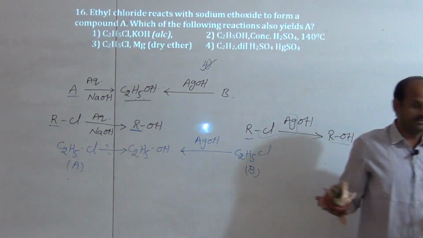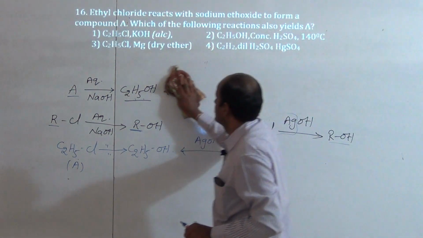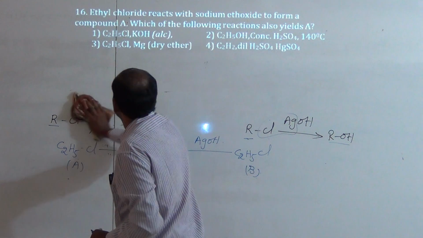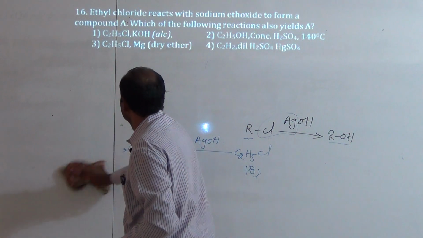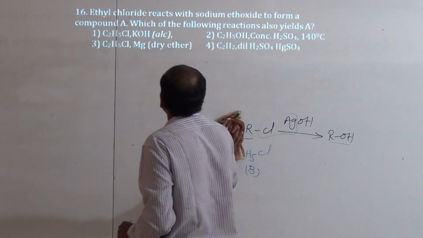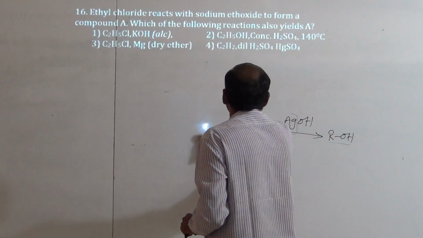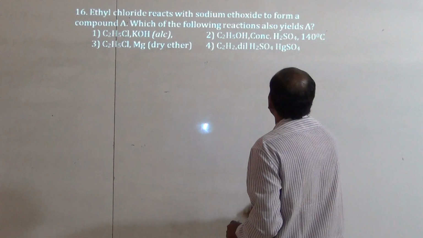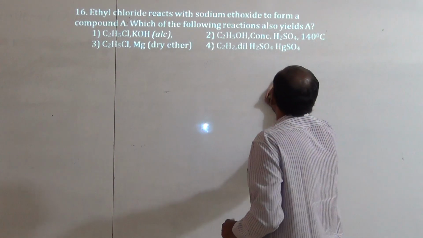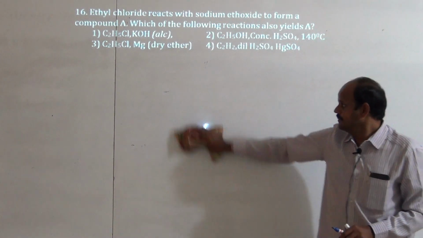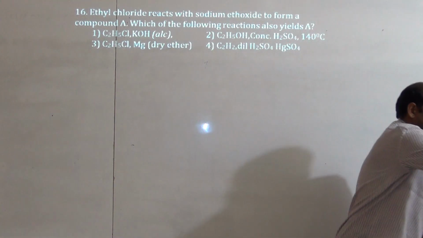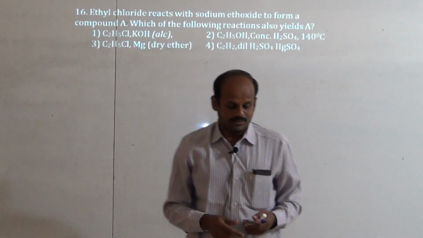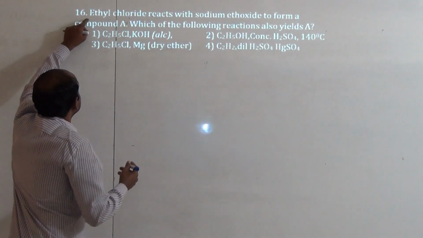And read next bit here. Ethyl chloride reacts with sodium ethoxide to form a compound A. Which of the following reactions also yields A? Means here given one reaction and they asked another one. So which reaction is given?